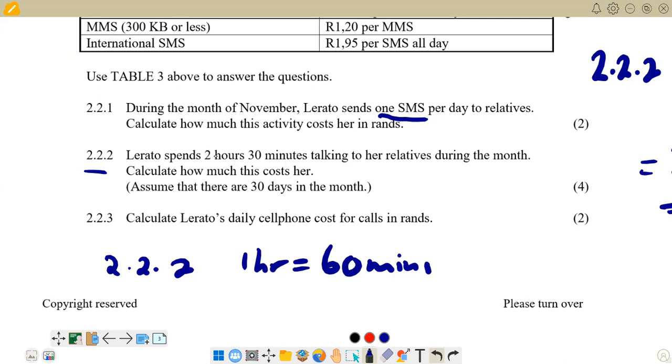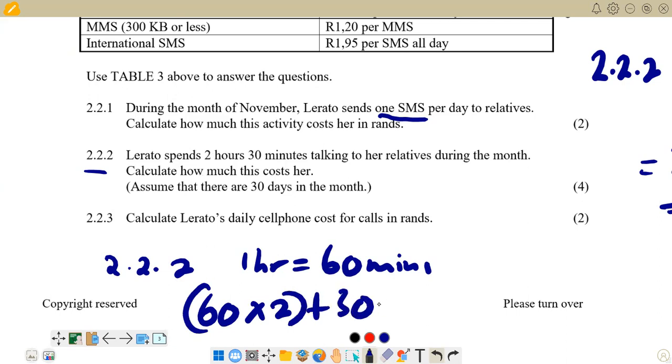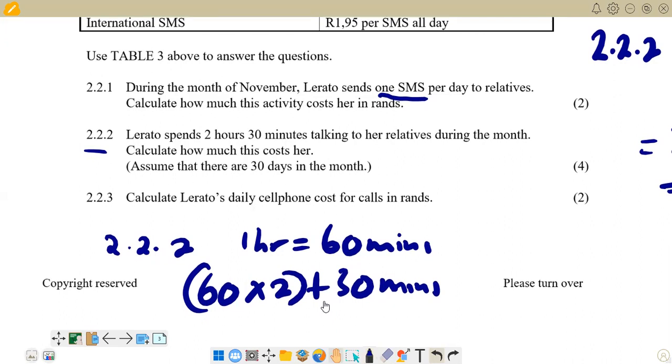So to convert these hours to minutes, we multiply 60 by 2 to get the total minutes. And then we add the 30 minutes that we already have. Then we get our total minutes. So 60 times 2 gives you 120. Then we add our 30, you get 150. So it's equal to 150 minutes.